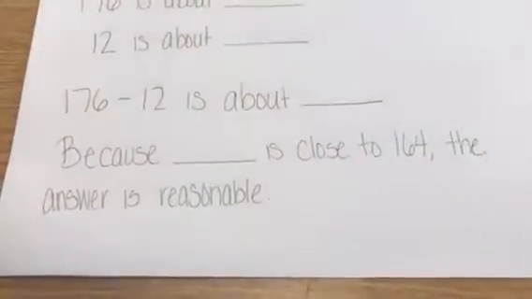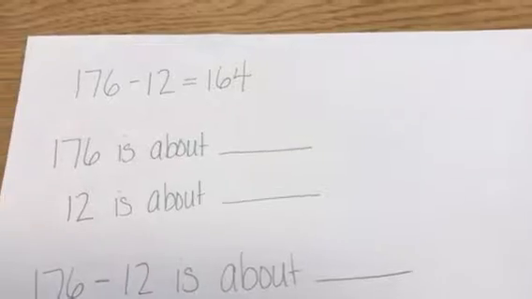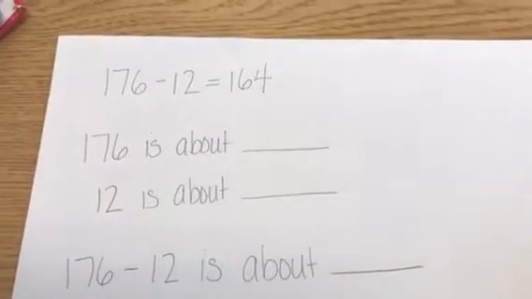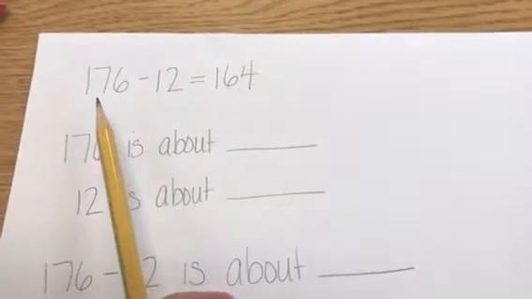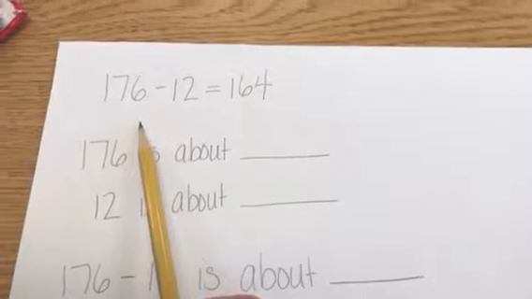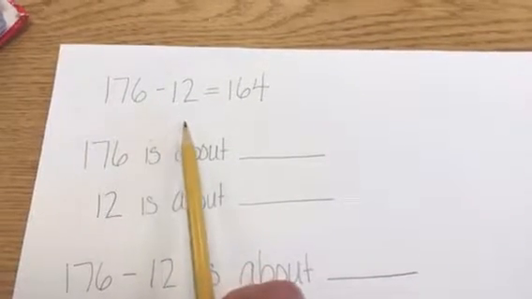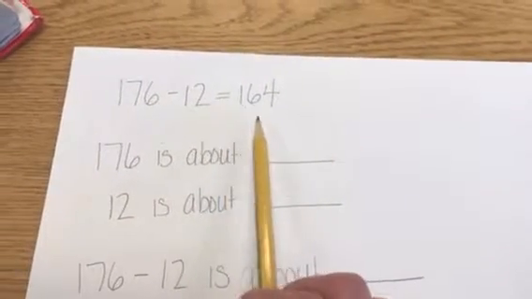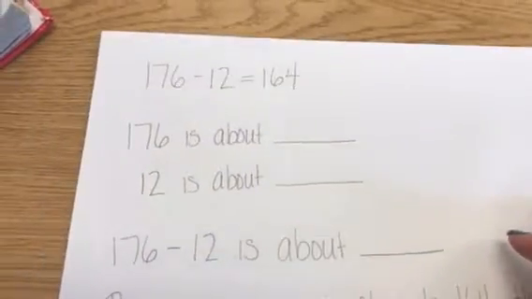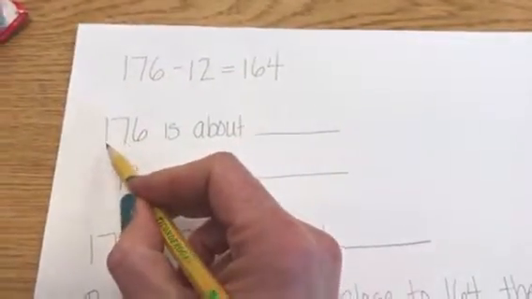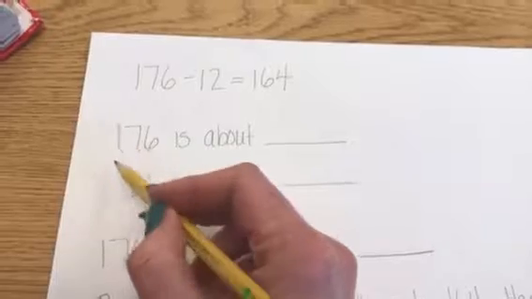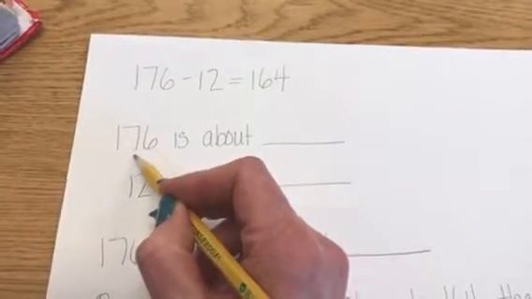And our last problem is going to be involving subtraction. And you see here, boys and girls, that I have 176 minus 12, and that equals 164. So now I need to round 176 to the nearest 10.